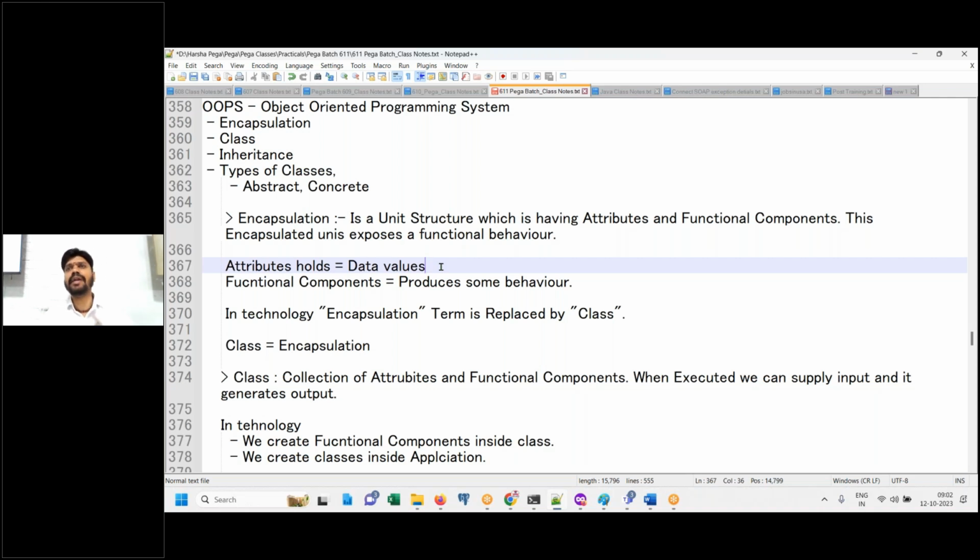The human body parts: brain, eyes, nose, tongue, lungs, heart. All these have their own functional behavior, and all of them work together to produce some meaningful functional behavior. So you can take any example for encapsulation.